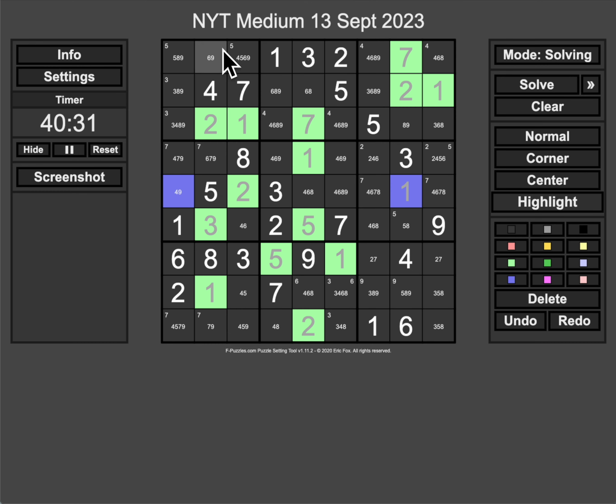I still have 5s here. These are 5s. This for a 5 is here. I'm arguing that that's a 5 and that's a 5.